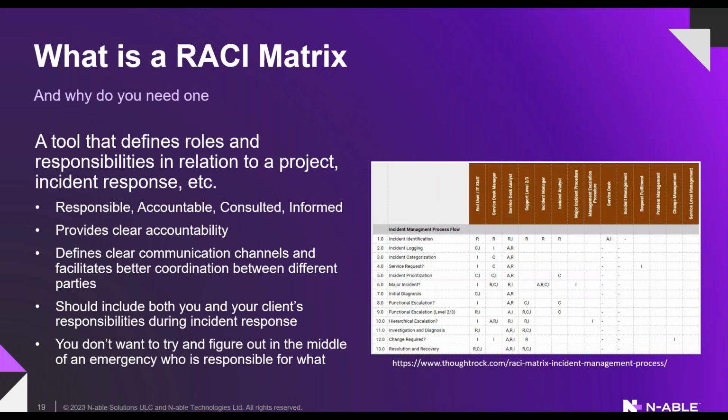And probably more important for our discussion today around cyber liability insurance, a RACE matrix helps establish communication and coordination. It's going to identify who needs to be informed about security-related activities, who needs to be called at the state level, at the municipal level.